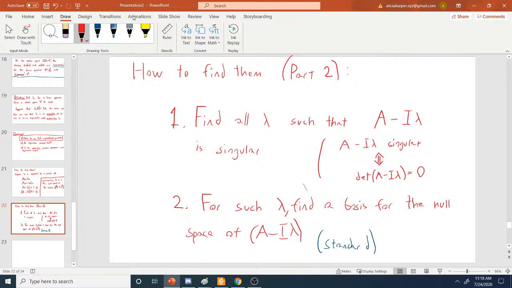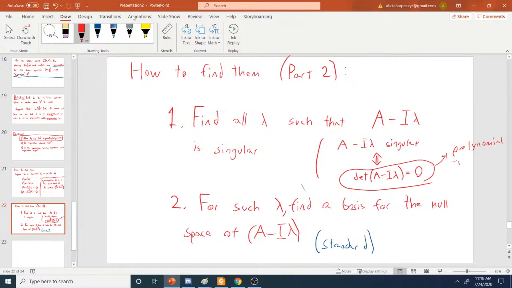So, in some sense, finding the lambda such that this matrix is singular amounts to studying this equation. And this equation is just a polynomial in one variable.